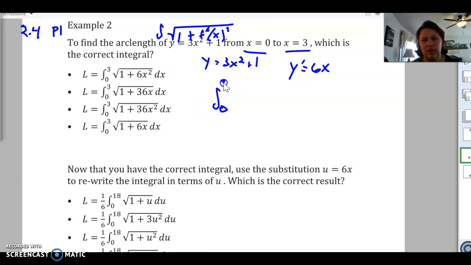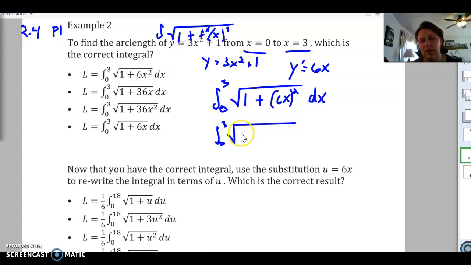So we're going to integrate from 0 to 3 of the square root of 1 plus f prime of x, which is 6x, and then square all of that. And then we have our dx on there also. So then that will simplify as the integral from 0 to 3 of the square root of 1 plus 36x squared dx.